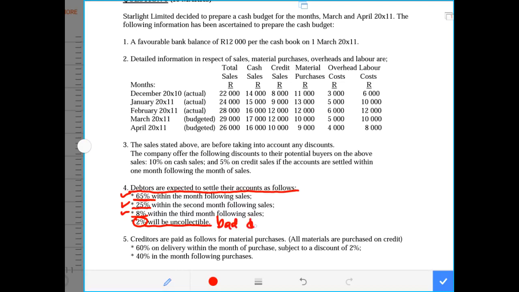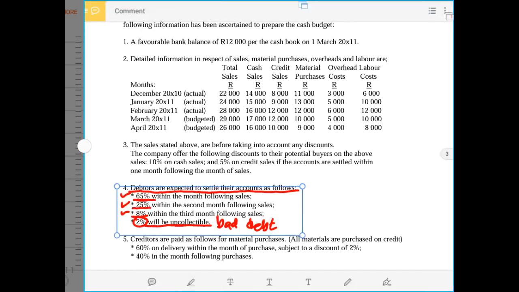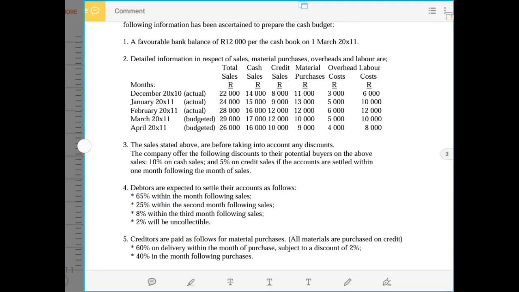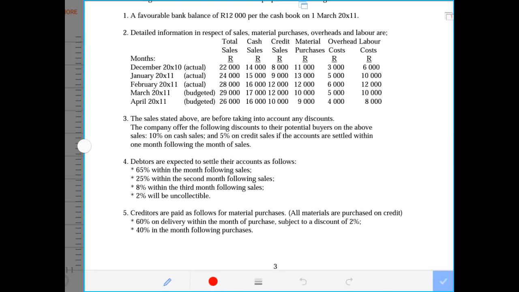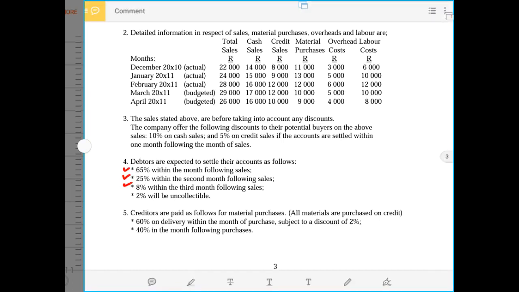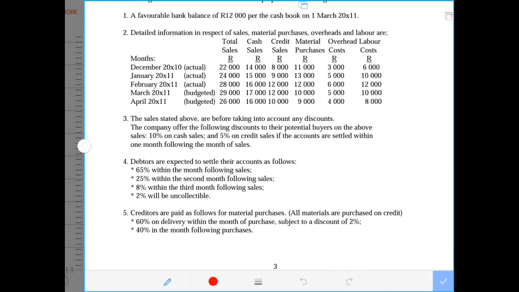And we know that bad debt is not cash, it's money that the debtor will not pay us back. So now the 2% will not be recorded in the cash budget because there was no cash received because of the bad debt. However, the rest of the percentages of the credit sales, which are 65%, 25%, and 8%, will be received, and that will be recorded in this cash budget for the period that we are doing the cash budget for.